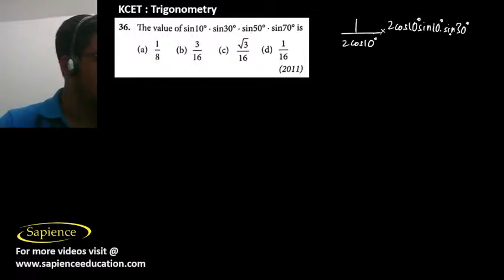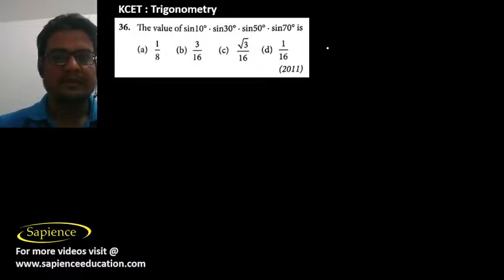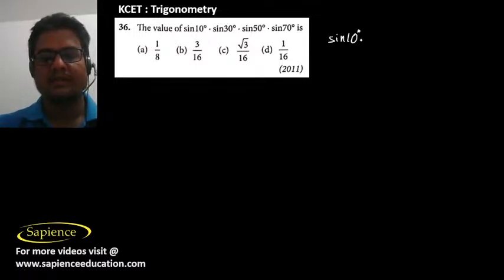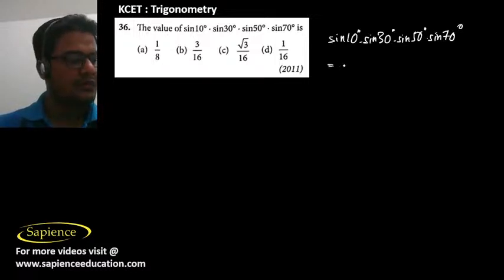Okay, so then, sorry, here actually we have to do, so this is sine 10 degree into sine 30 degree into sine 50 degree into sine 70 degree, so that we have to write 1 by 2.